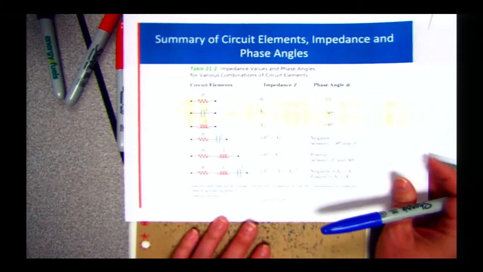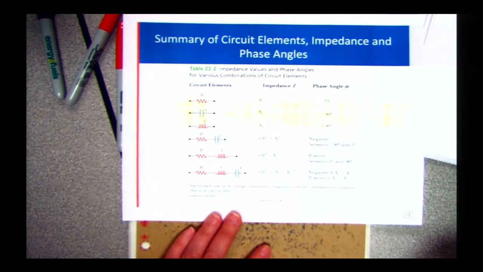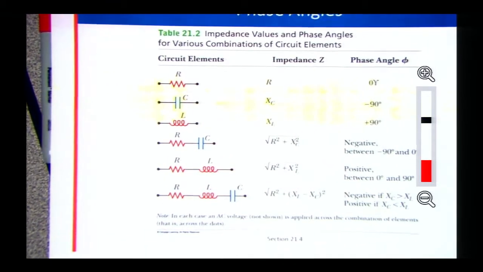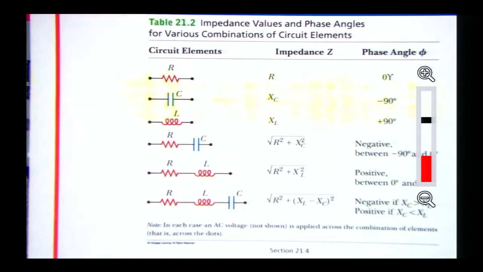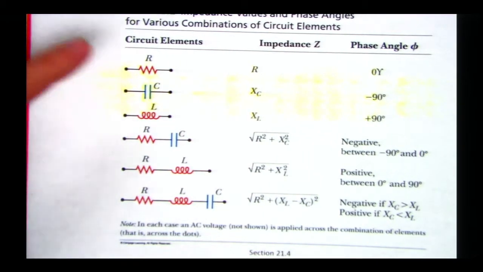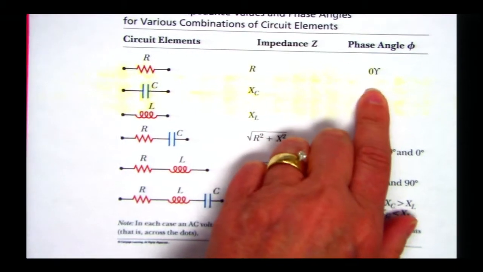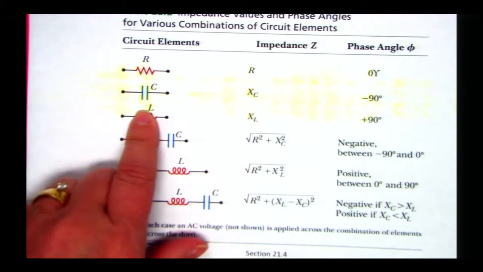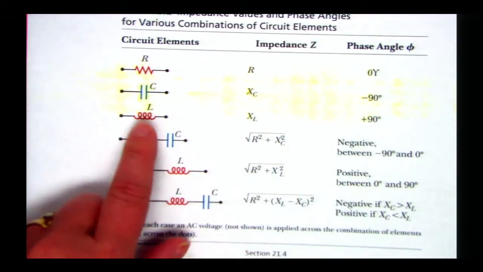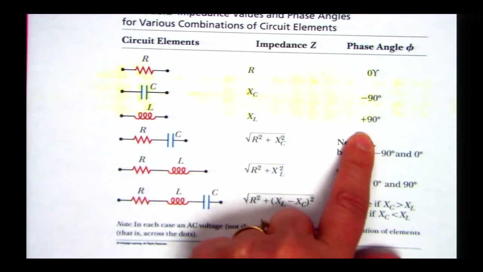Okay, so just to kind of look at the elements. So I've got a resistor. My phase angle is going to be 0. I've got a capacitor, and my phase angle is going to be minus 90. It's going to be out of phase. It lags. My inductor, my phase angle is going to be plus 90 because it leads.